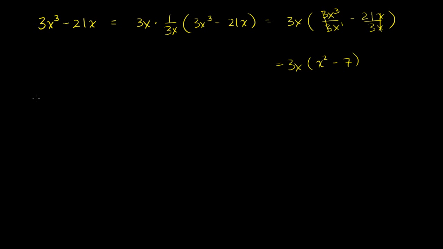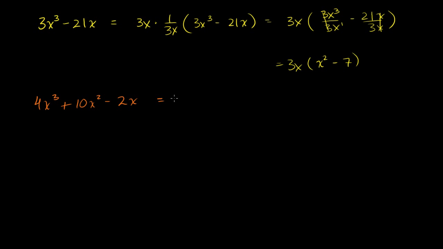Let's say we had 4x to the third plus 10x squared minus 2x. So when I look at this, immediately what pops out is that all of these terms are divisible by 2, and all of them are divisible by x. So let me factor out a 2x.